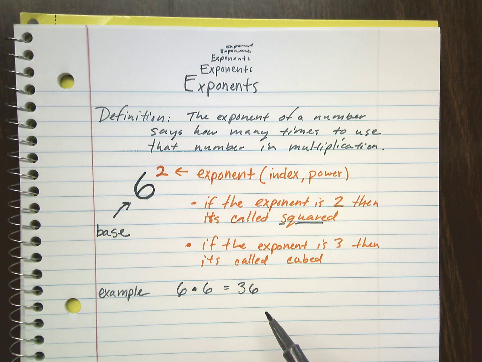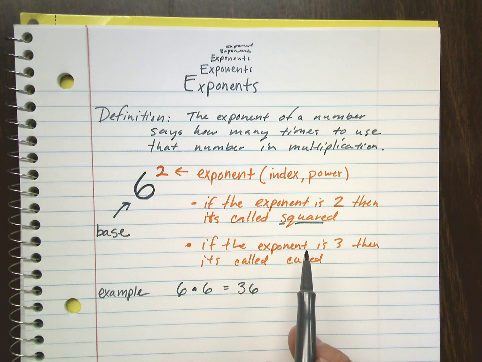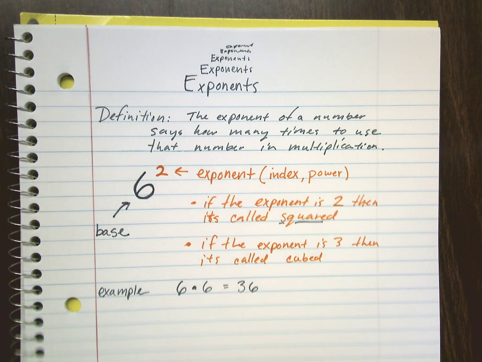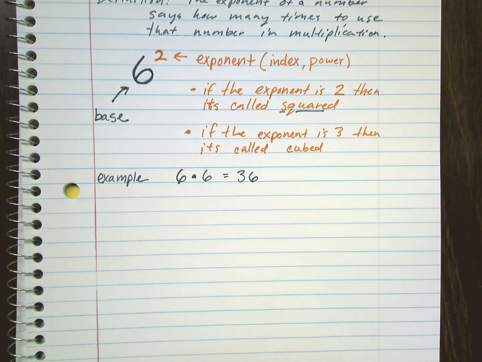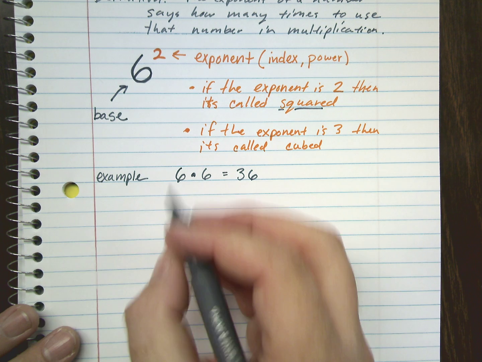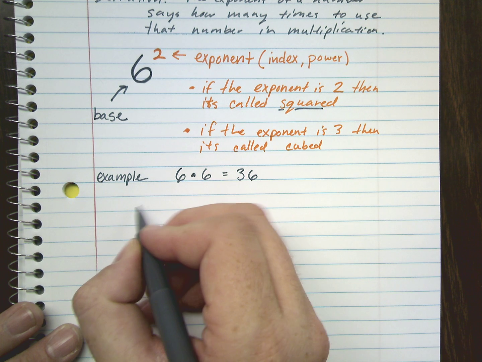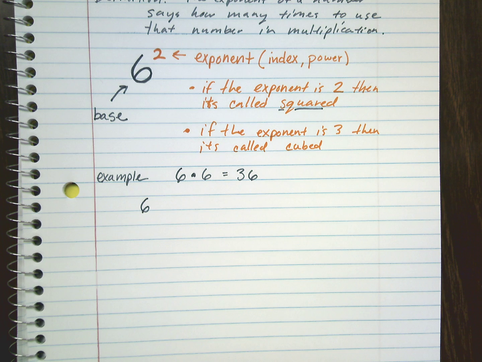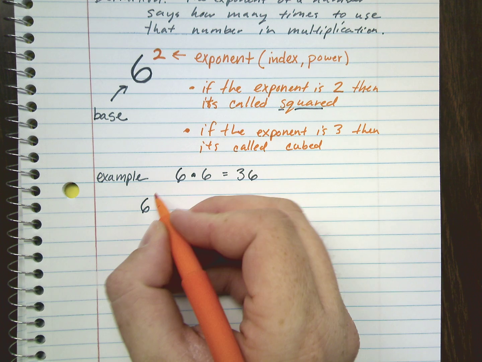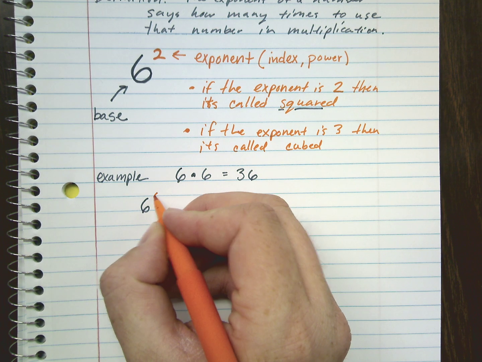We're going to look at a couple of examples and show you why we call it squared and why we call it cubed. First, we'll take a look at a couple more where we increase the exponents and see what happens. Let's use the same number 6, to the 5th.